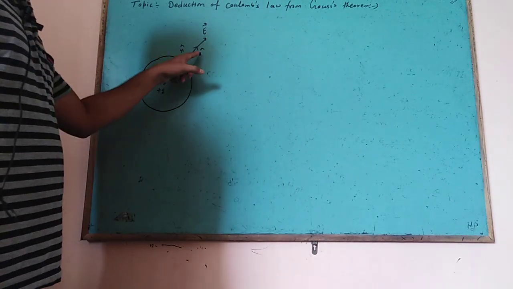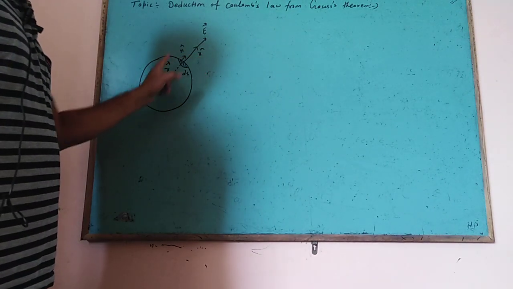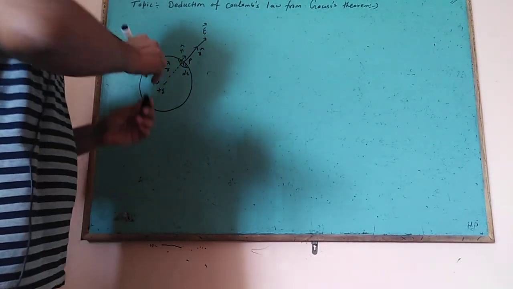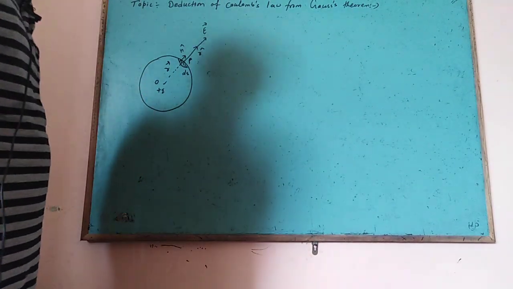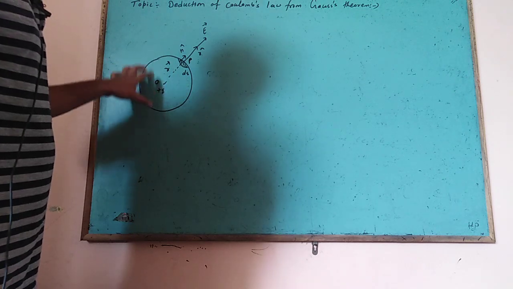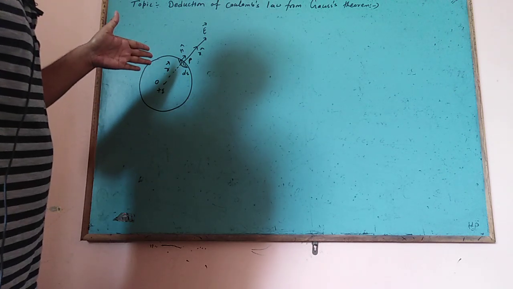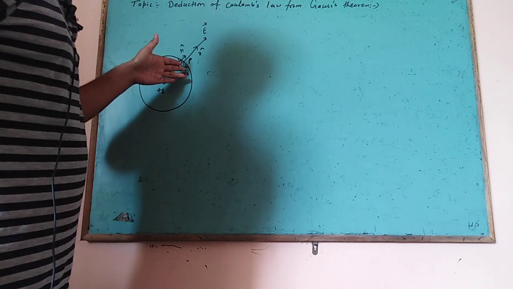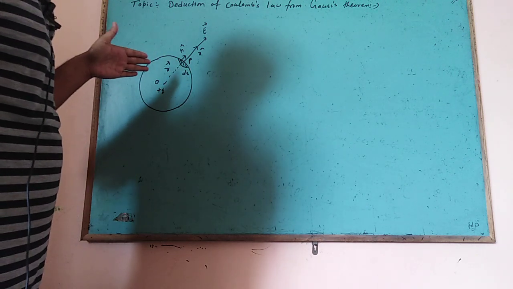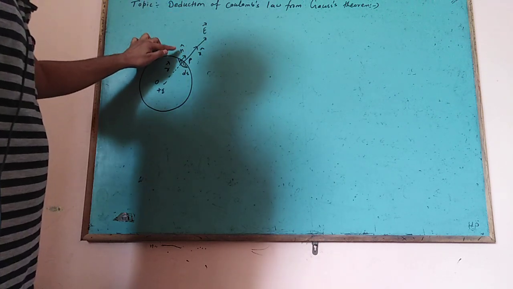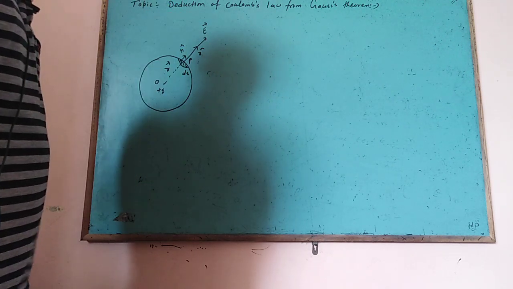And r vector is directed from O to the point P. The area vector dS represents a small area element dS along the direction of the electric field intensity E vector, and n cap is the unit vector, the outward normal.